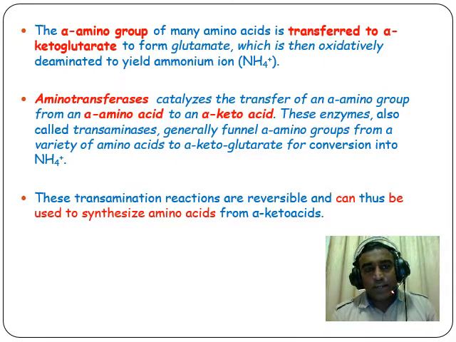This slide actually repeats what was described in the earlier slide. Here the amino group is transferred to alpha ketoglutarate to form glutamate, and then another reaction yields free ammonium ion. This also describes the aminotransferase, the enzyme relevant to transamination, the first step itself.